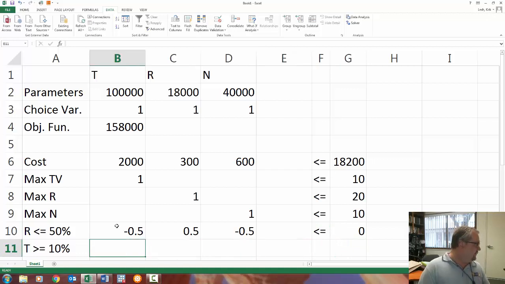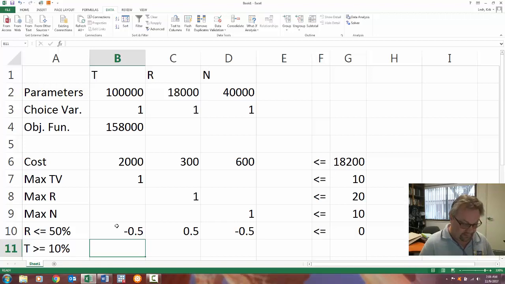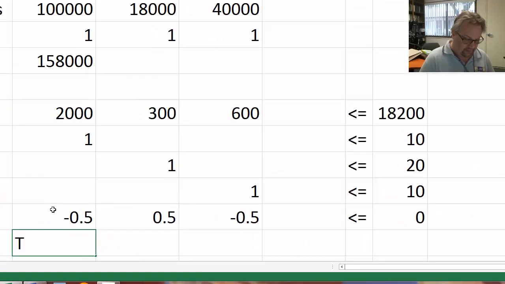The last one is that television should account for at least 10% of the total. So television has to be greater than or equal to 10% of television plus radio plus newspaper.